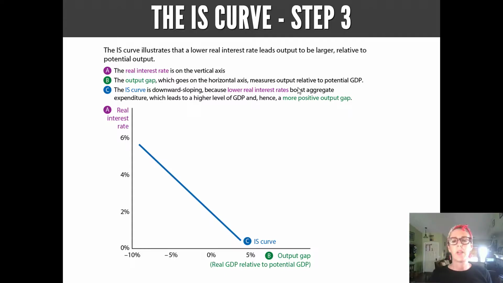So lower real interest rate, the output gap gets more positive, right? Either closer to zero if you're starting from recession, or it goes above zero and gets more positive in a positive output gap. So lower real interest rate boosts aggregate expenditures, leads to a higher level of GDP and a more positive output gap.